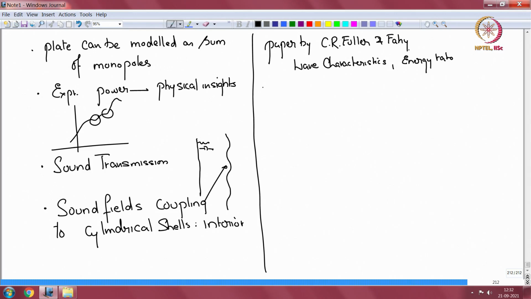There is a lot of work by Fuller in cylindrical geometries if you are interested.